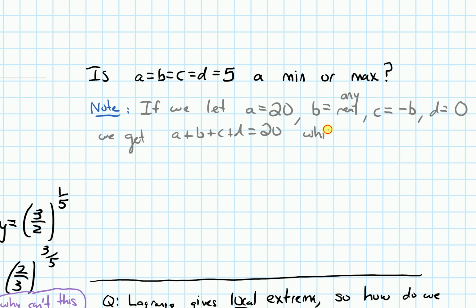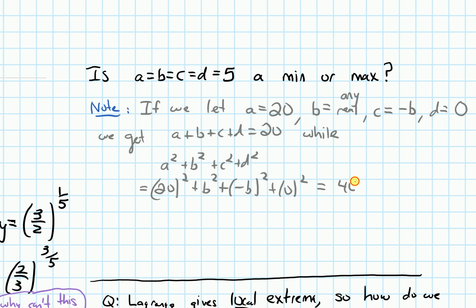While if I look at the objective function, a squared plus b squared plus c squared plus d squared, that would be equal to 20 squared plus b squared plus negative b squared plus 0 squared. Simplifying this, 20 squared is 400, and negative b quantity squared is just b squared.